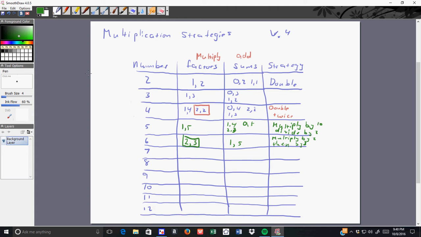And so 35 times 6, I don't know what 35 times 6 is, but I do know that 35 times 2 is 70. And I also know that 70 times 3 is 210, because I know that 7 times 3 is 21. So that's actually pretty useful. I'm going to leave this here for now. I'm going to put a little star next to it because I'll get back to it.